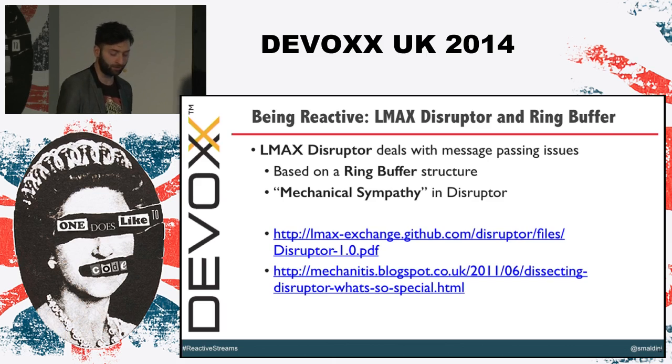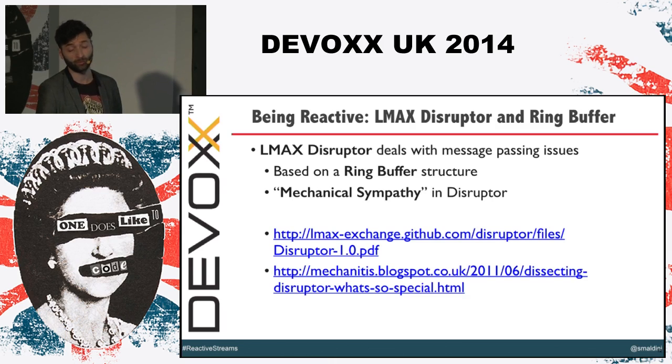Mechanical sympathy is a lot used by LMAX Disruptor as well. That's one of the nice patterns you want to use when you want to deal with very efficient, high-volume message passing. So mechanical sympathy, for instance, is about false sharing between the producer and the consumer memory structure.